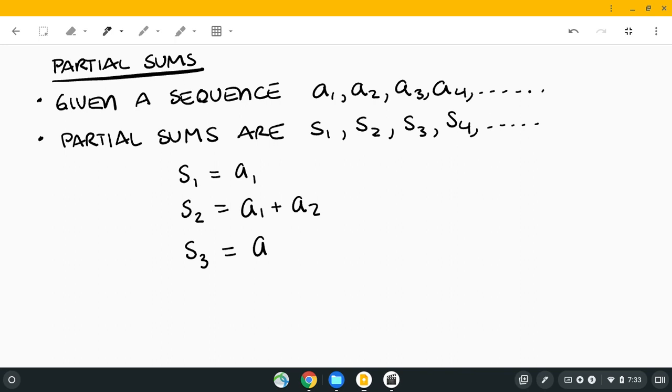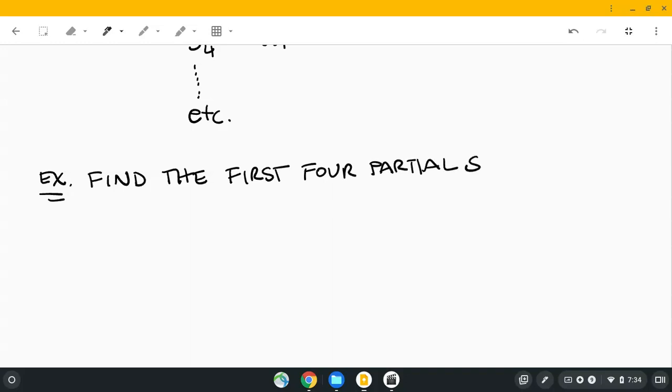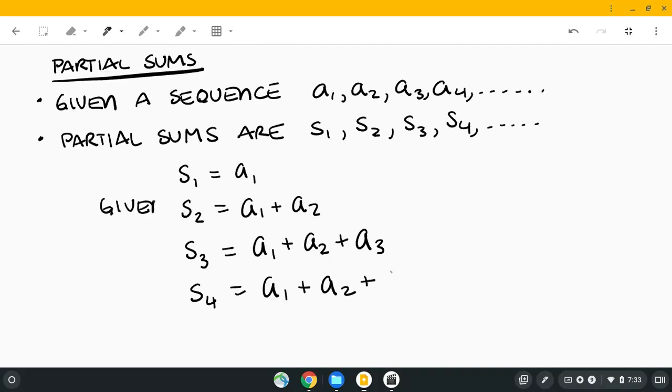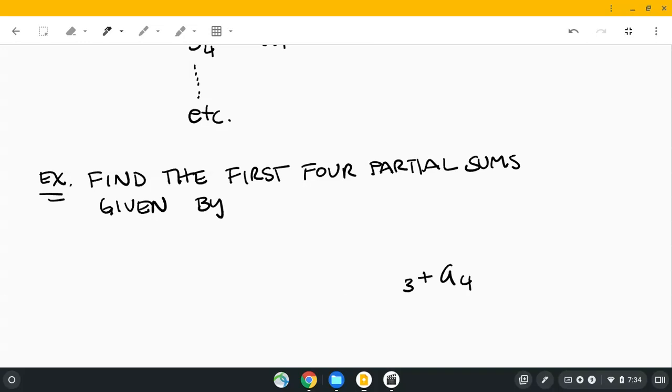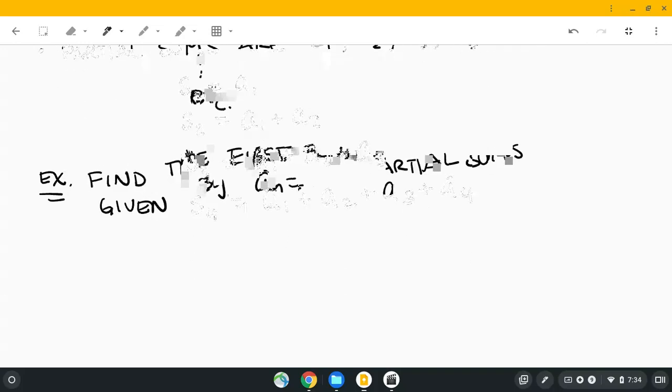Okay. All right. So let's take a look at this first example here where we have to find the first four partial sums, given by a_n equals 1 over 2 to the nth.